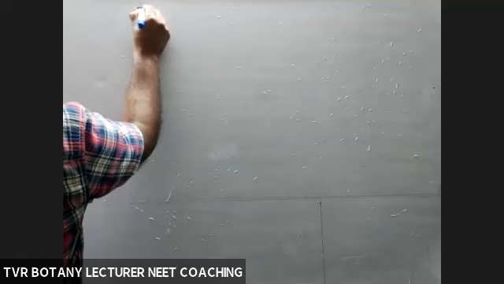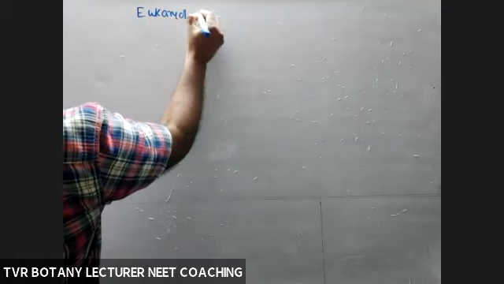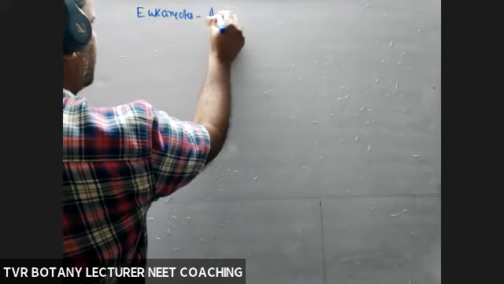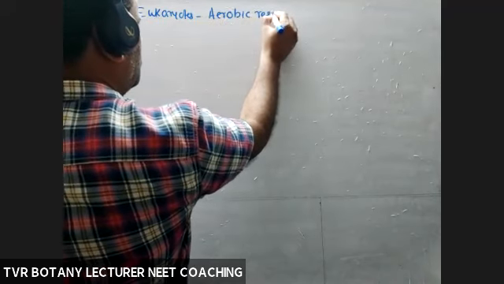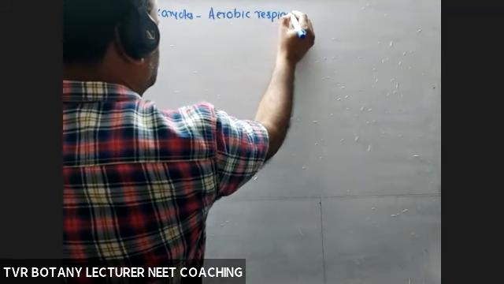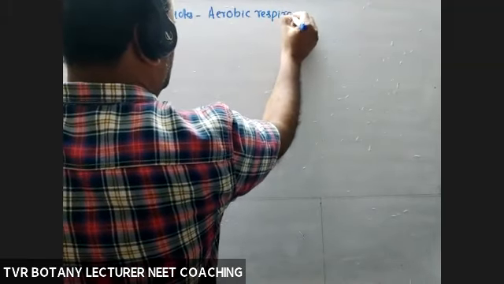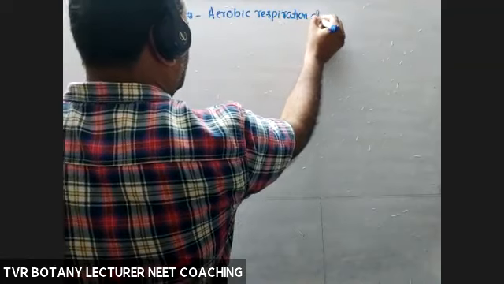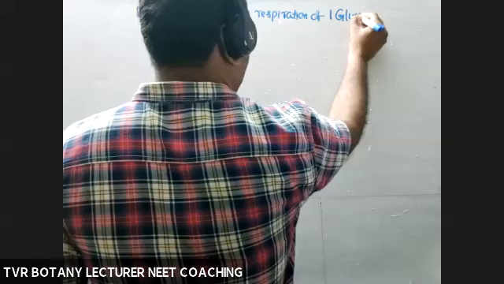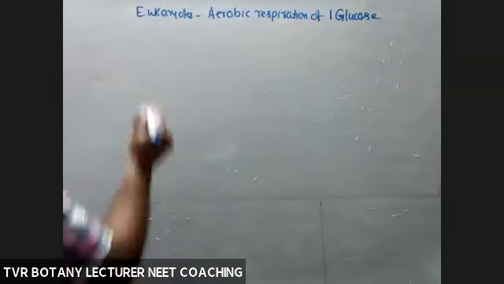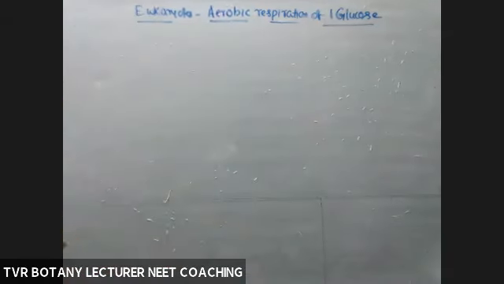In eukaryotes, aerobic respiration of one glucose molecule. This is very, very important. One NEET question possible out of this one.